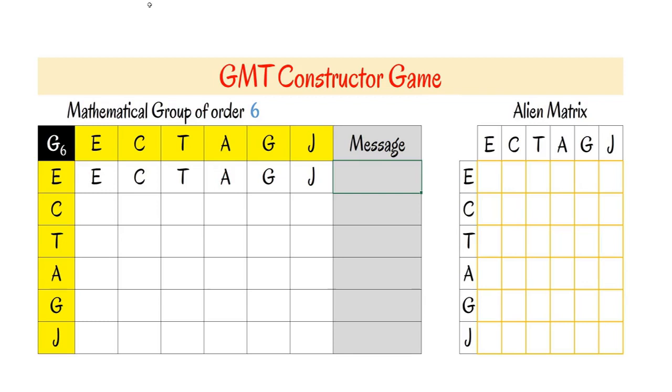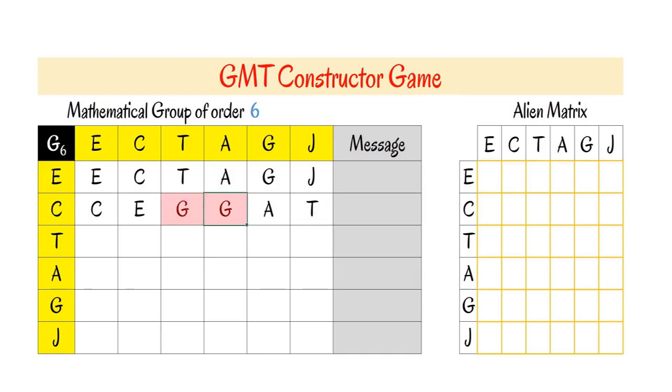Now, if I fill the second row as C, E, J, G, A, T, there is no change in color, which means that you have done it particularly fine. Now if I change the element J to G, you see what happens.